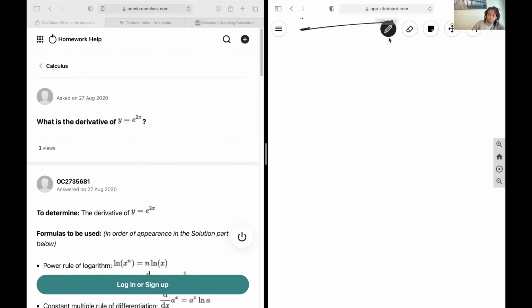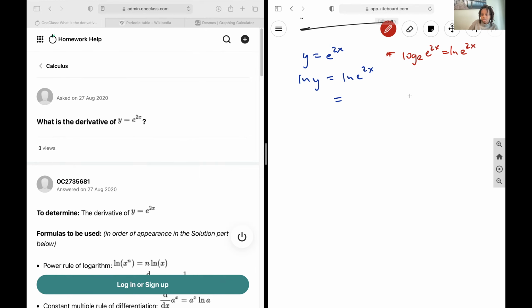Alternatively, if again you start with y is equal to e to the power of 2x, let's first begin by taking ln of both sides. Okay, and then we note, just based off of logarithm properties, that log base e of e to the 2x is equal to ln e to the 2x.